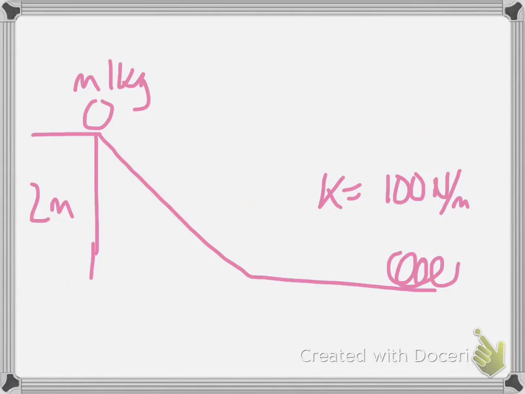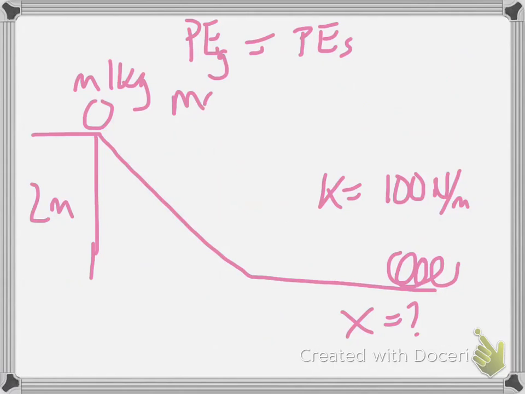And we want to know how far is that spring compressed. So, oops, that would be an X, not a K, my fault. How far is that spring compressed? So we can use that initial gravitational potential energy equals stored elastic potential energy. So it would just be mgh equals 1/2 kx squared.